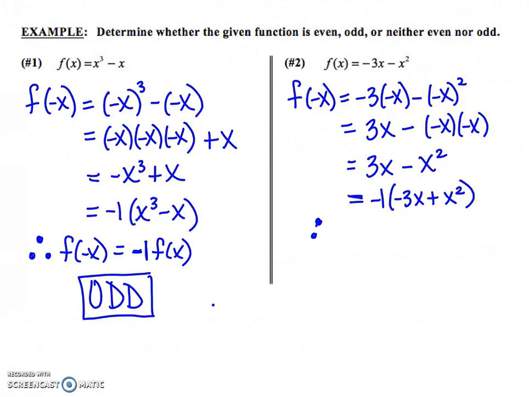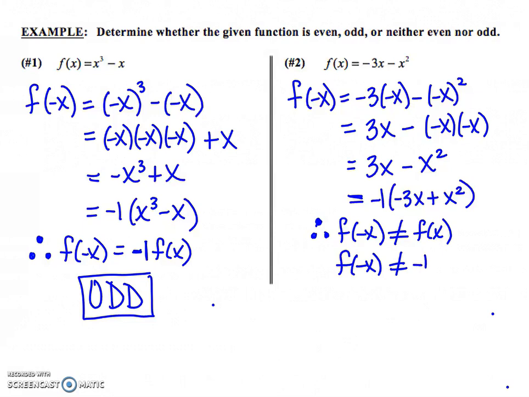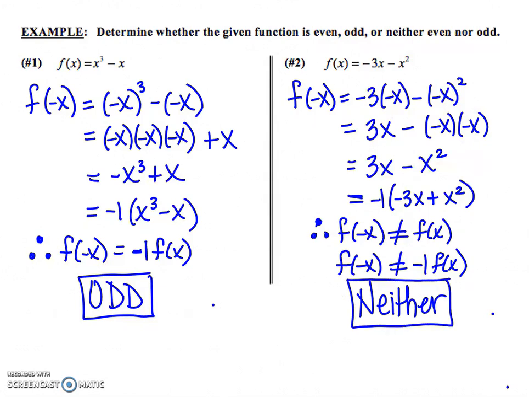So what we can determine from this is that f of negative x does not equal its original function f of x, and also f of negative x does not equal the opposite of f of x. So if it's not the same and it's not the opposite, then this function is neither an even function nor an odd function.